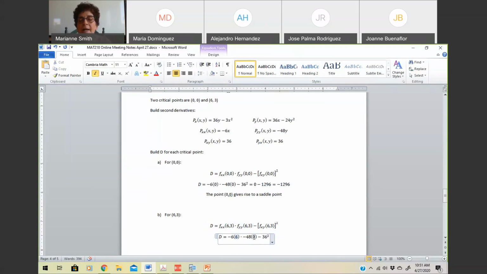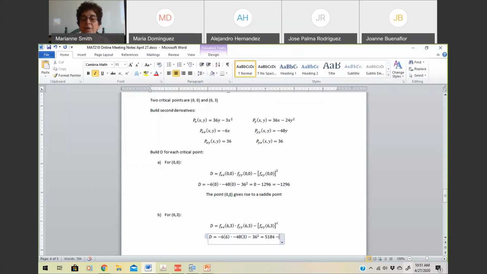And I'm putting the y value into my f sub y, that's the 3. So now I get to evaluate this. I have negative 6 times 6 times negative 48 times 3, which gives me 5184, for the first part.